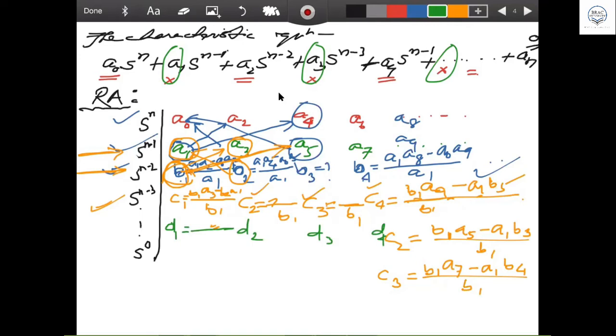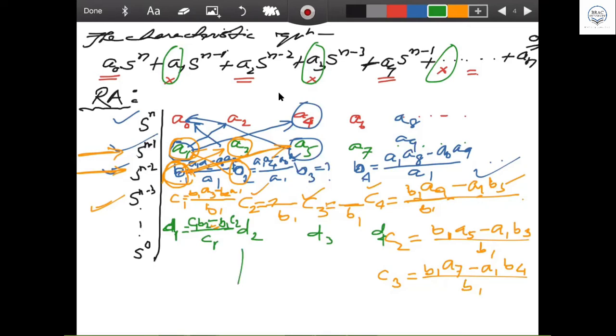D1, D2 is wrong, because D1 is what you are finding. It is C1 B2 minus C1, yeah, that's right. B2 minus what? B1 C2. C1 B2 minus B1 C2, right, divided by C1, because you have to calculate it from the above two rows, remember. So you cannot use D1, D2.